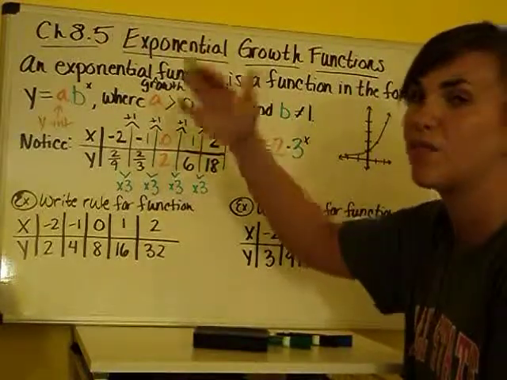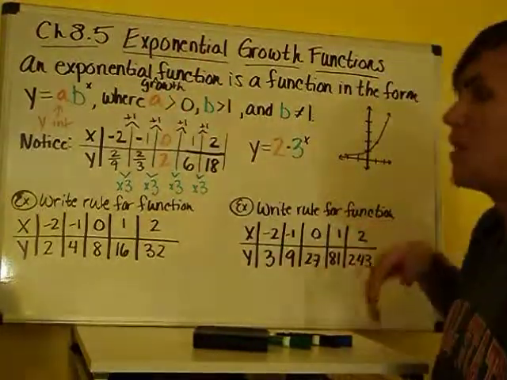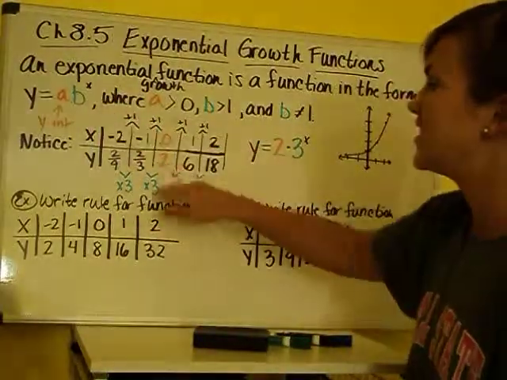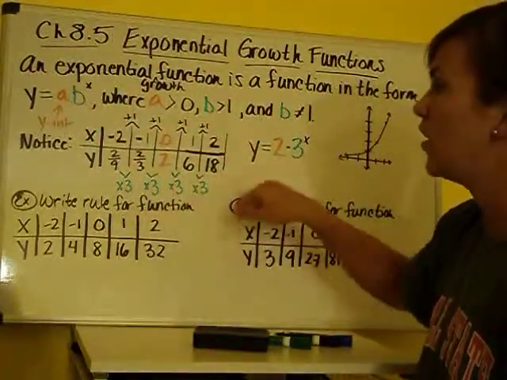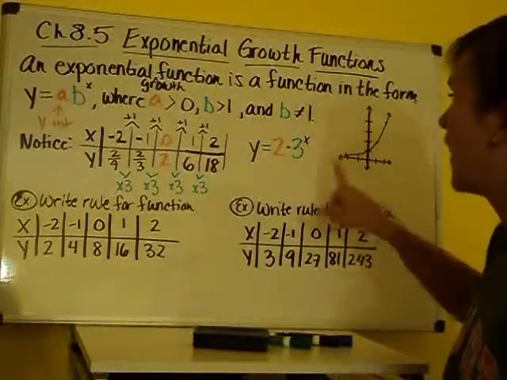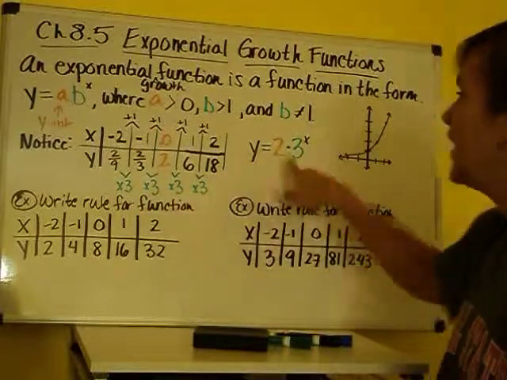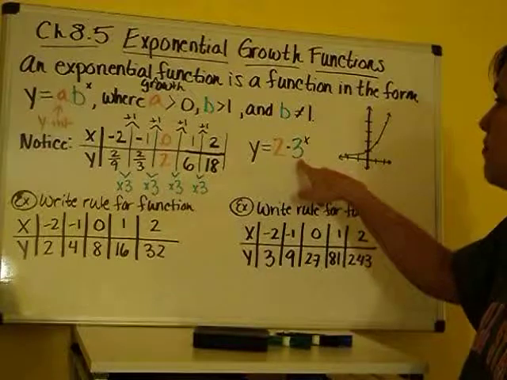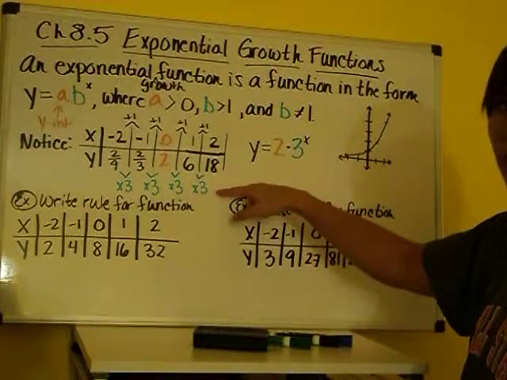So you're multiplying by 3 times 3 times 3 times 3. That x starts to make sense if you think about it in terms of your table and constantly multiplying by 3. That number that you're multiplying by is your b. So a is the y-intercept, b is our growth rate here.